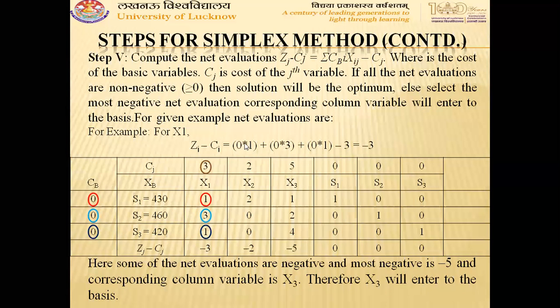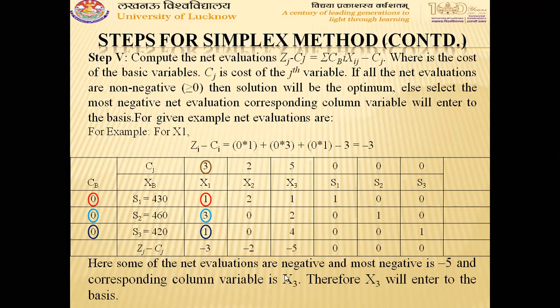So all the elements which are added become 0, and subtracted by 3, it becomes minus 3. So our net evaluation is minus 3. Similarly, for x2, net evaluation is obtained as minus 2. For x3, it is obtained as minus 5. And for the elements in the basis, the net evaluation will always be 0.